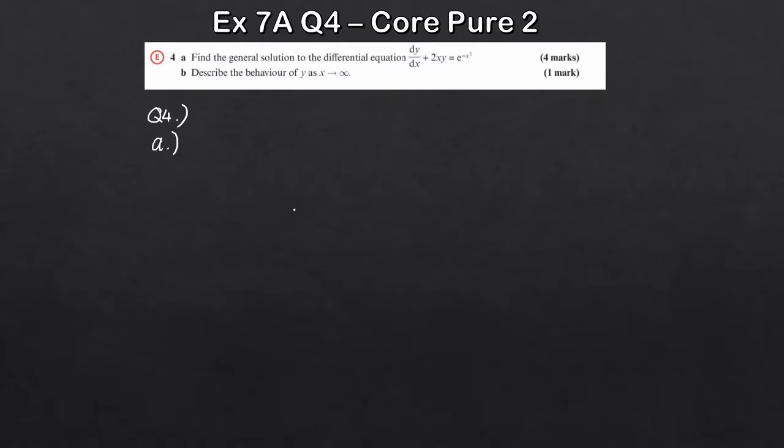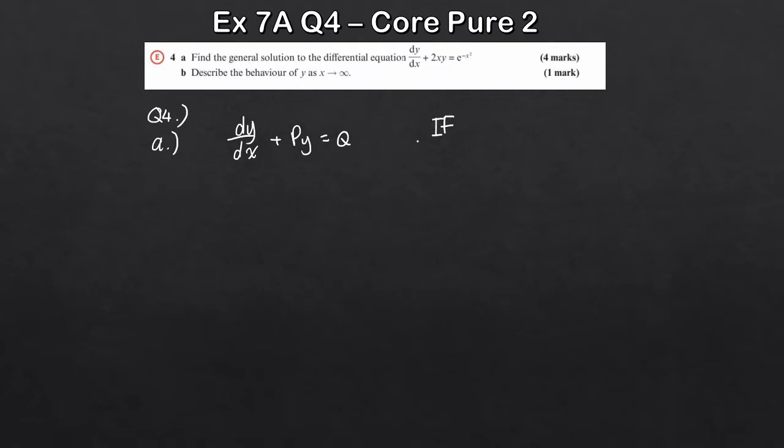Because it's in this format, dy/dx plus py is equal to q, all we need to do is find the integrating factor. Throughout the video, I'm just going to write IF for my integrating factor.